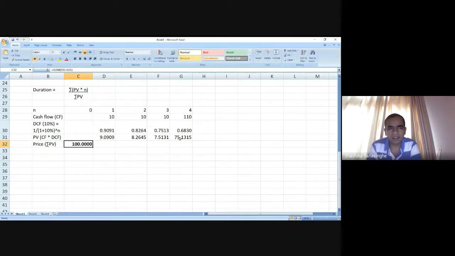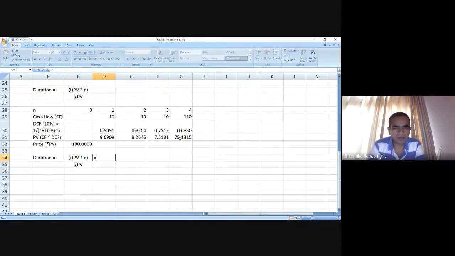So that's the price. So the duration is what you need to calculate, meaning you need present value into n.